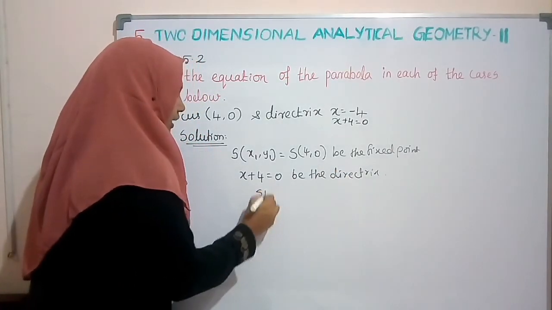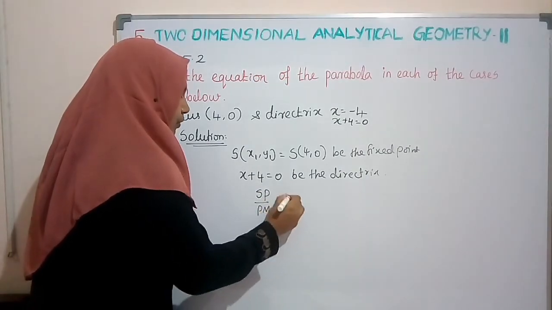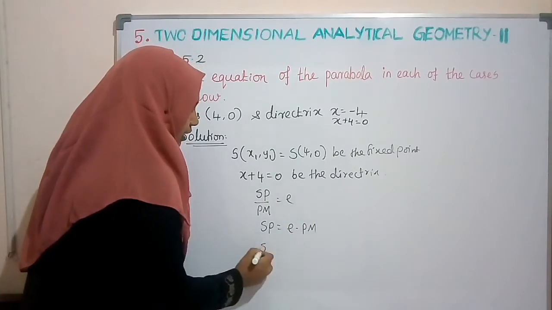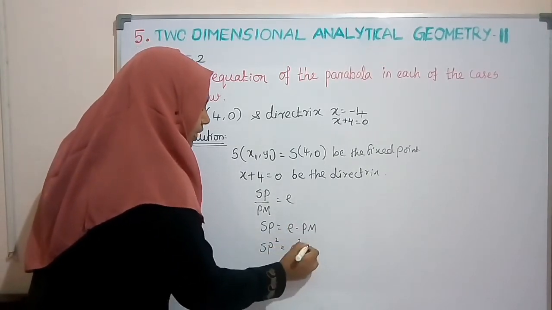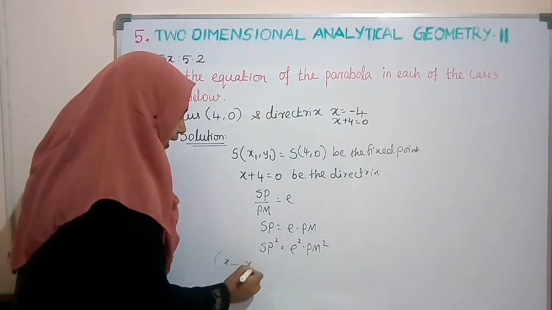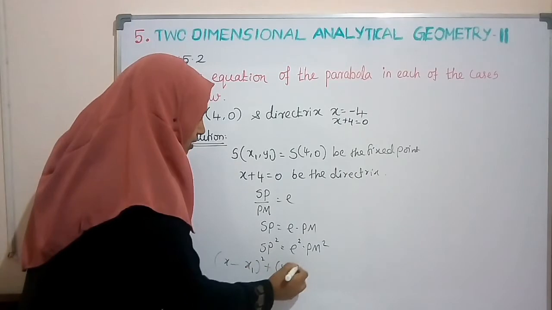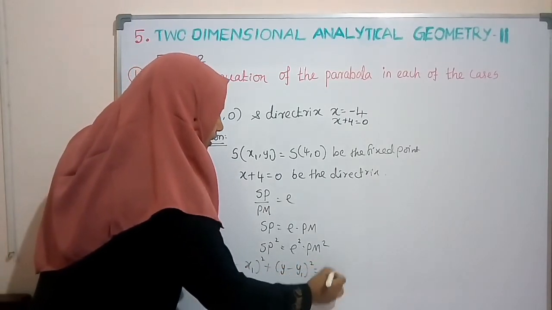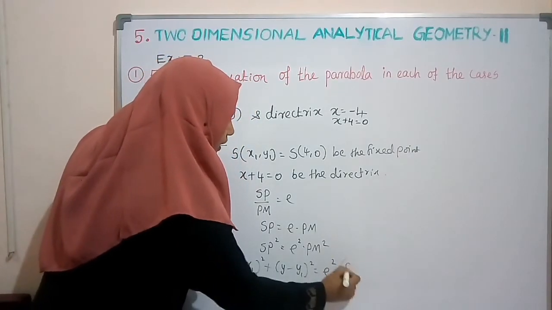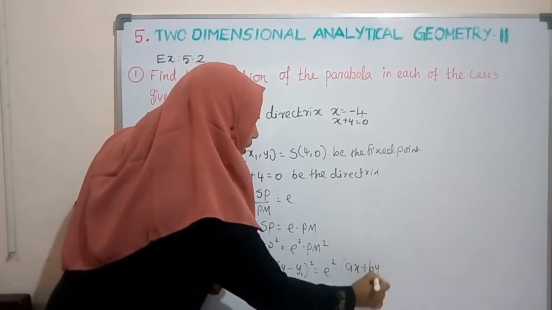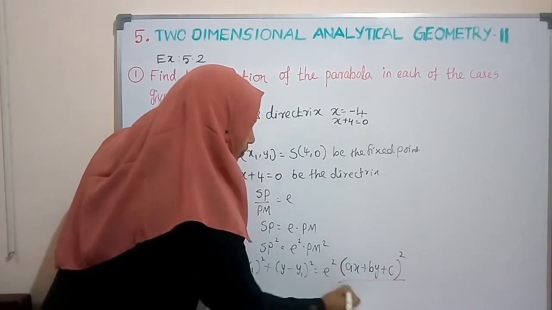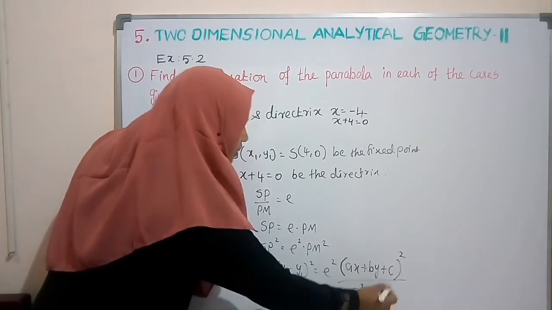Then we can write SP by PM is equal to E, and SP is equal to E into PM. Then SP square becomes E square into PM square, and SP square means x minus x1 the whole square plus y minus y1 the whole square is equal to E square into PM square, which is ax plus by plus c the whole square divided by a square plus b square.